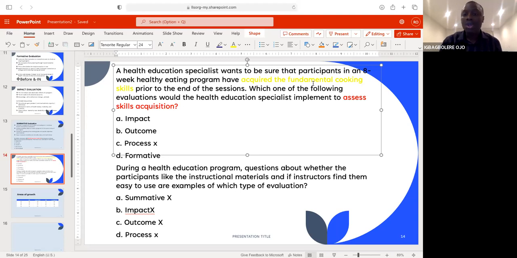It is asking you that we are considering a knowledge shift, all right? Skill acquisition, remember, an impact objective has three components. Number one, learning. Number two, behavioral. And number three, environmental.